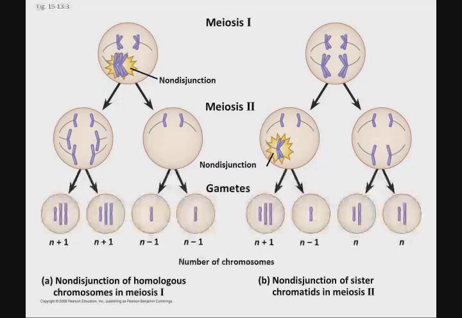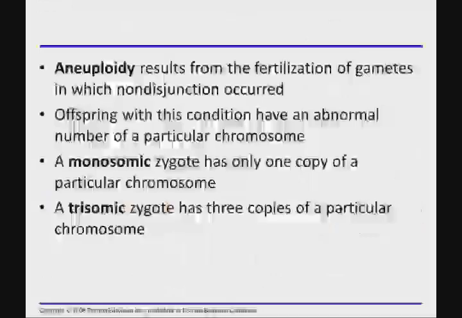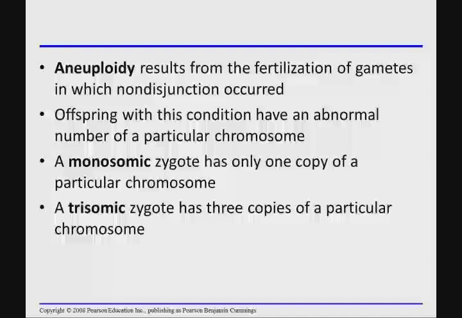In either of these cases, when you have a mistake along the metaphase plate like that, you're going to get the wrong number of chromosomes, either one too many or one too few. All right? And when you get one too many or one too few, it's called aneuploidy. So the result of nondisjunction is aneuploidy. You have the wrong number of chromosomes. You're either monosomic for a particular chromosome, or you're trisomic for a particular chromosome.